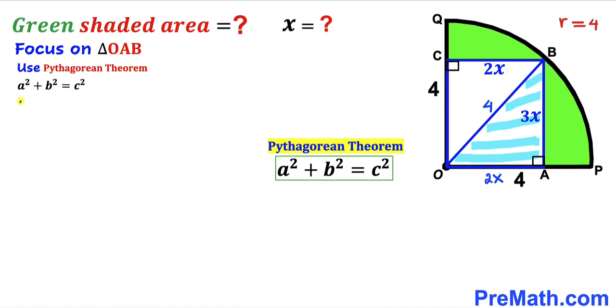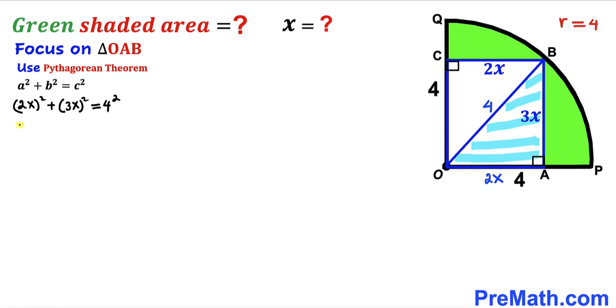So we got (2x) whole square plus (3x) whole square equals 4 square. Let's simplify. That gives us 4x square plus 9x square equals 16 on the right hand side. Let's combine these like terms.